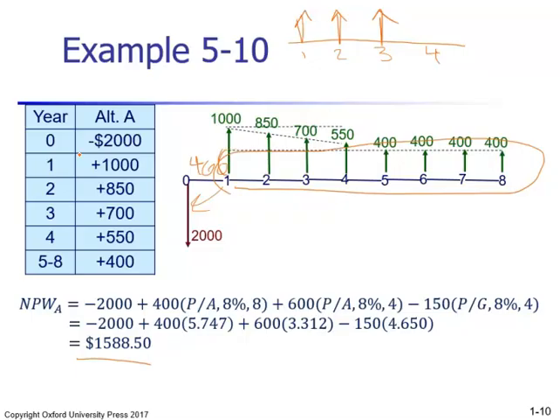All of them are 600, so it's a very easy PMT. But what happens is it gets a negative gradient of 150. So we can put that 150 here.